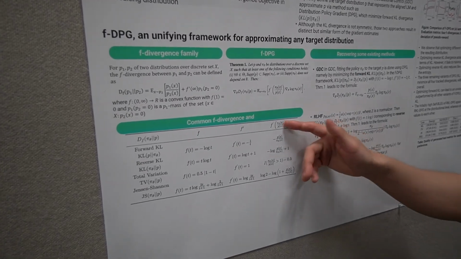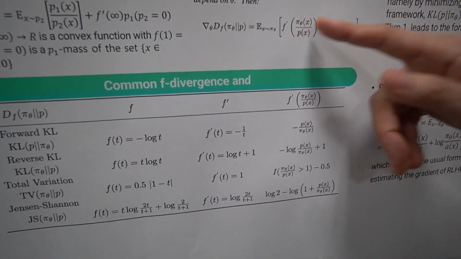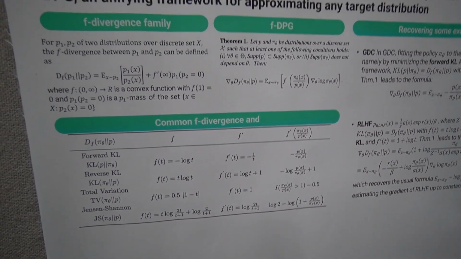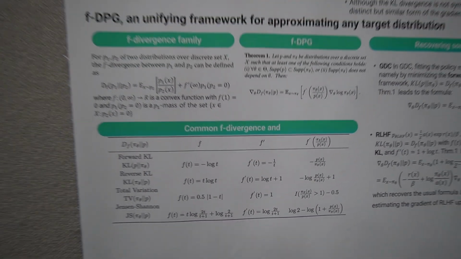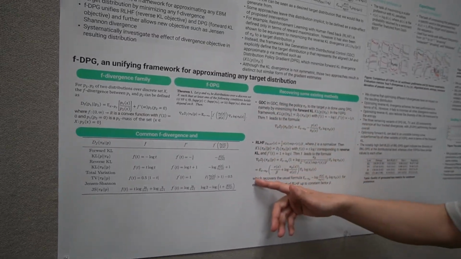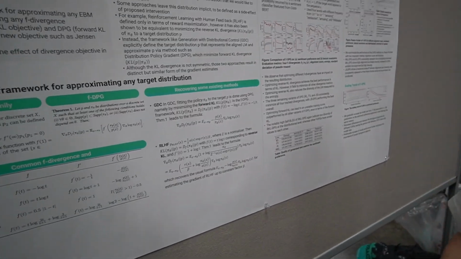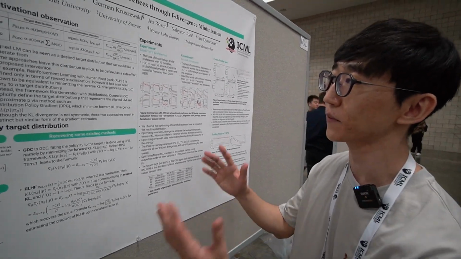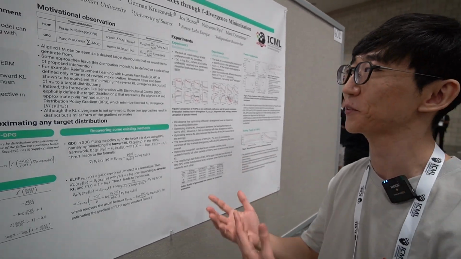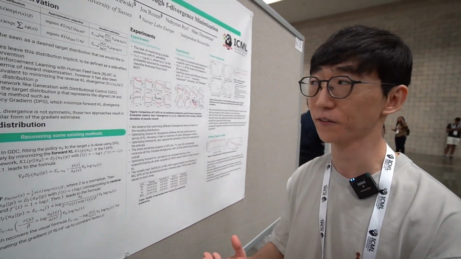By plugging the corresponding f into this formula, you can recover existing RLHF or GDC with some alignment score. How do you define alignment score? Alignment score depends on the task, but basically here we use r(x), an abuse of notation, to represent the score of the classifier function.